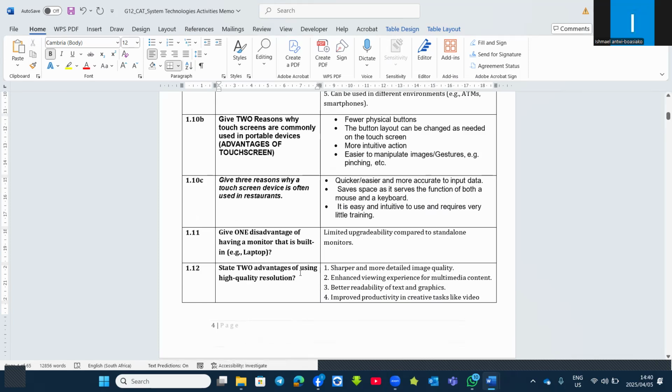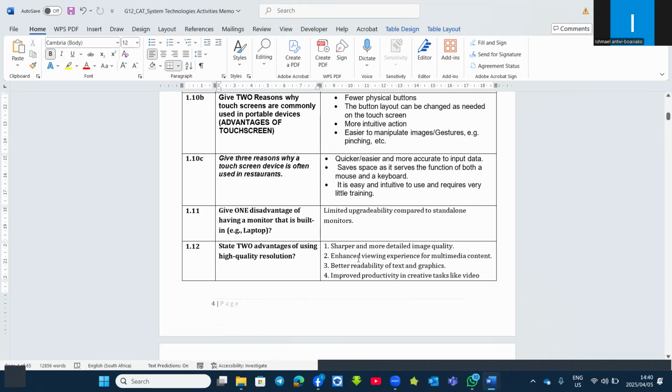1.12, state 2 advantages of using high quality resolution. So we are talking about a monitor when you have a better resolution. What are the advantages? It gives you a sharper and more detailed image quality. It enhances viewing experience for multimedia content or better readability of text and graphics.